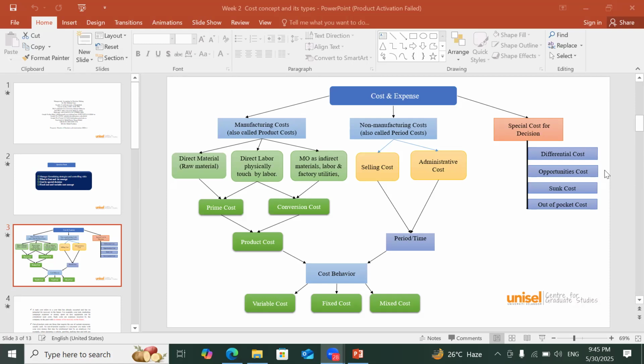Opportunity cost is the sacrificed portion of cost. When you accept one option, the other is sacrificed or rejected. For example, suppose you are a worker in an industry. The industry gives you 1 hour, 2 hours every day to attend a class, a training session, or an extra-curricular session.